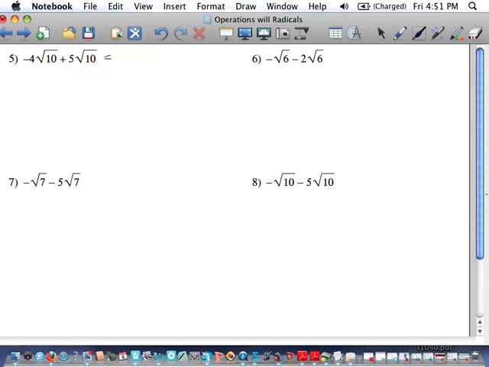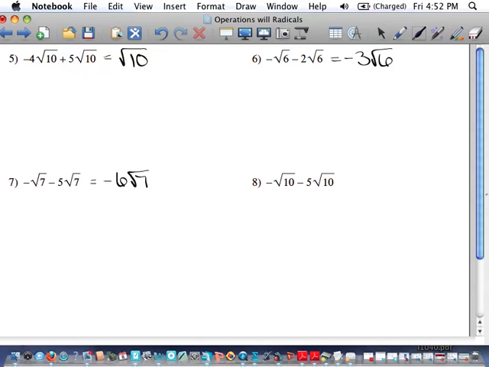That's what gives me the ability to combine those terms because they are like terms. Number 5, I have minus 4 root 10 plus 5 root 10, which simplifies to the square root of 10. Number 6, I have minus the square root of 6 minus 2 times the square root of 6, which is going to give me negative 3 square root of 6. Number 7, minus the square root of 7 minus 5 the square root of 7 gives me negative 6 times the square root of 7.